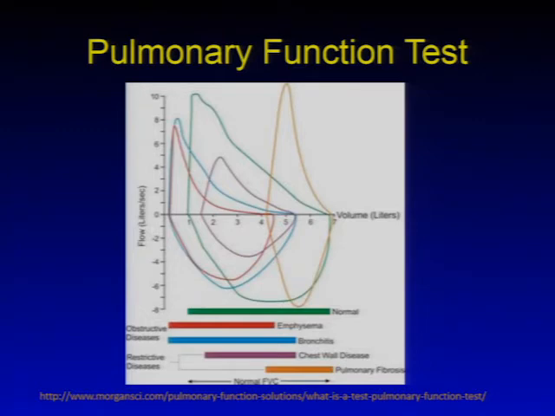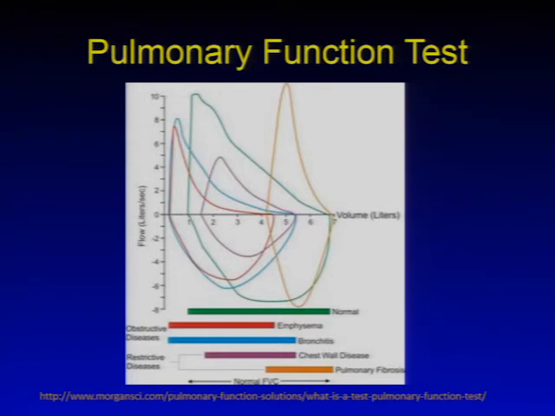Chest wall disease and pulmonary fibrosis are actually restrictive diseases. In these cases, especially in the purple, which is chest wall disease, you can't move your chest wall as well. While the entire curve may be proportional, your FEV1 to FVC ratio may be 1.